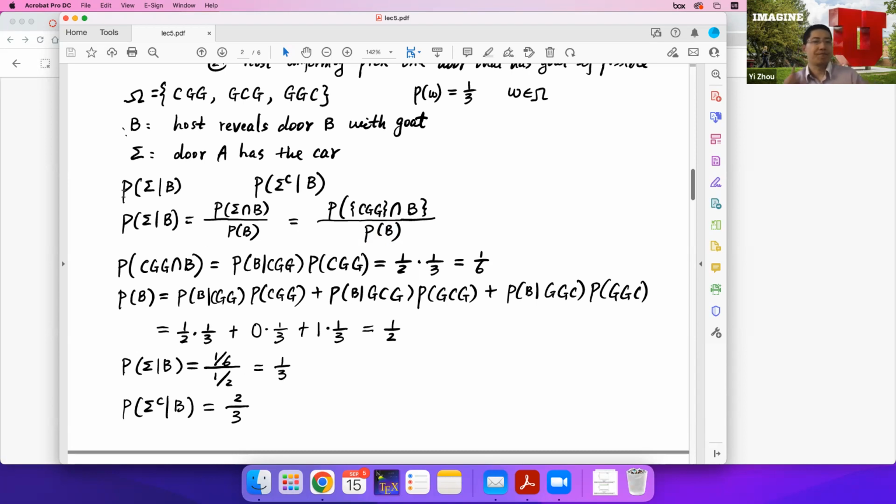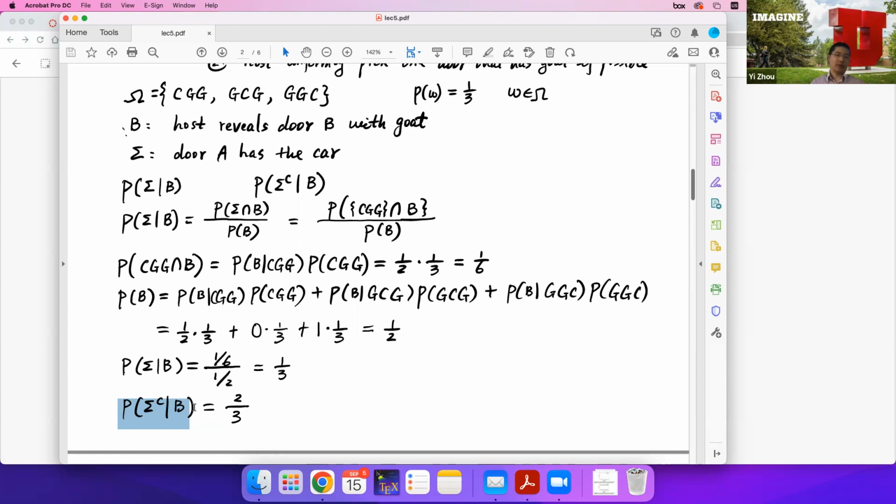So given that the host reveals door B with a gold, the probability that the car is behind door A is 1/3. On the other hand, the probability that the car is behind the other door is 2/3.